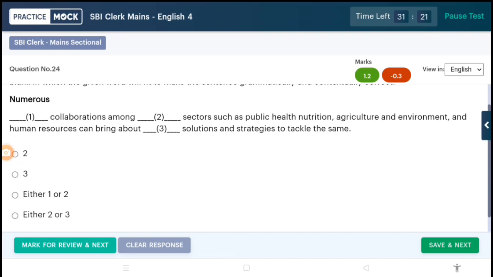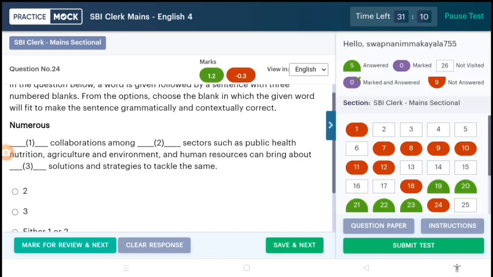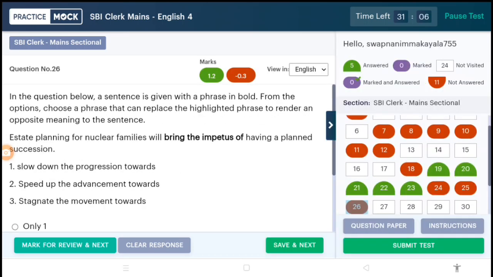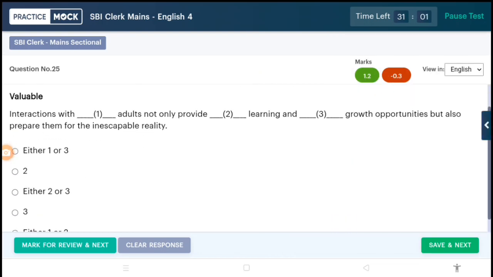Collaborations among numerous sectors can bring about valuable interactions.